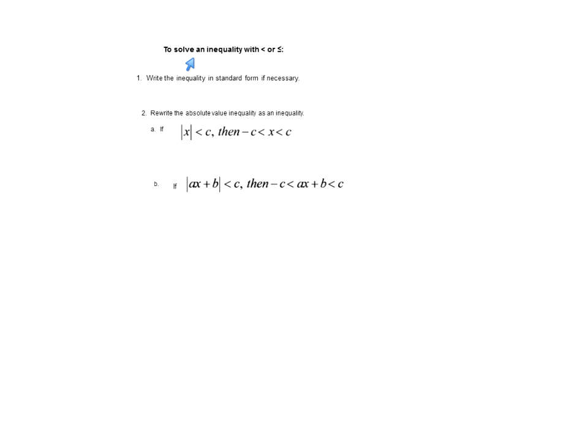So if you come across an inequality that uses the less than or the less than or equal to symbol, then here are your steps for how to solve it.